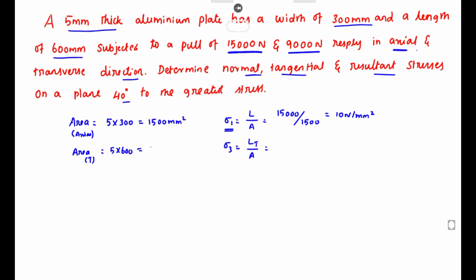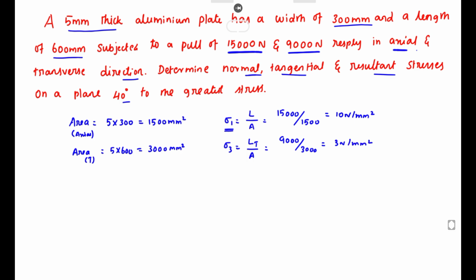So we got 3000 mm square. The transverse load is 9,000, divided by the area in the transverse direction, 3000 mm square. So we got the value of 3 Newton per mm square.